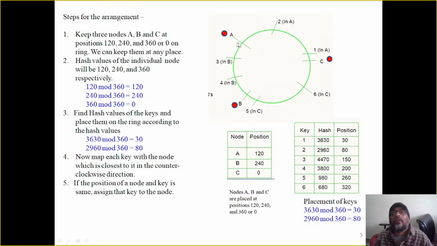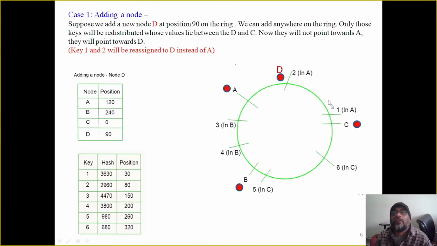Now 1 and 2 are close to D, so they will be reassigned to D. So only these two keys are disturbed here. The rest of the keys will remain as such.